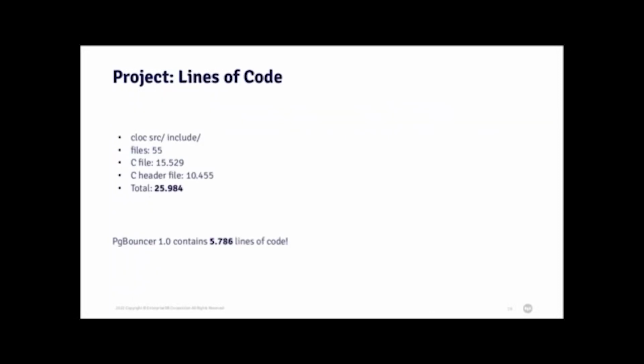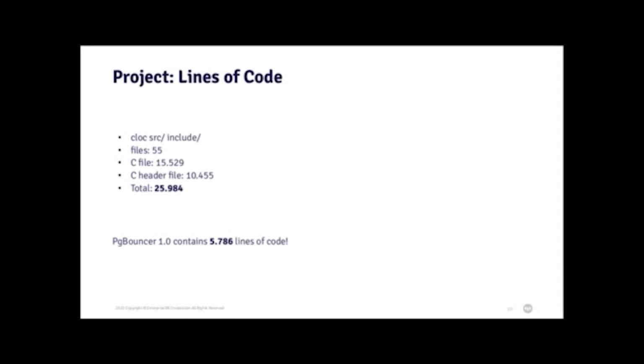Well, lines of code. So I checked the C log for the lines of code. It's just the code. It's not documentation, testing, configuration, man page. No, it's just the code. PgBouncer has roughly 26,000 lines of code.